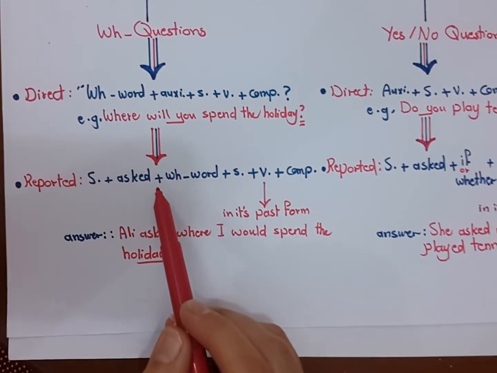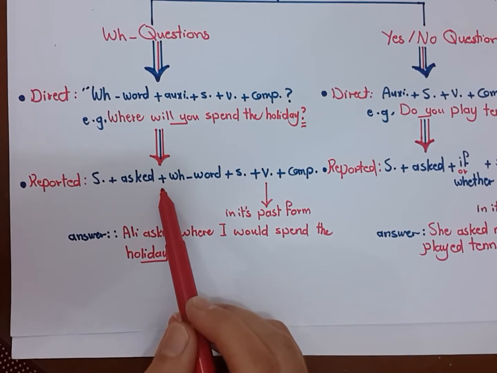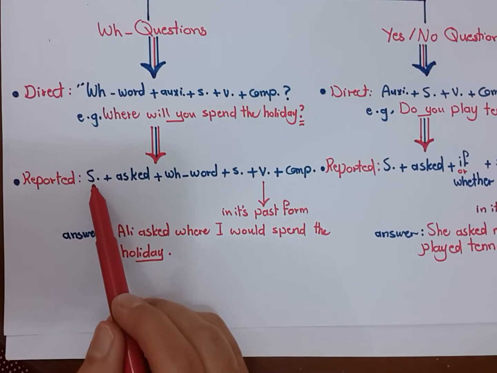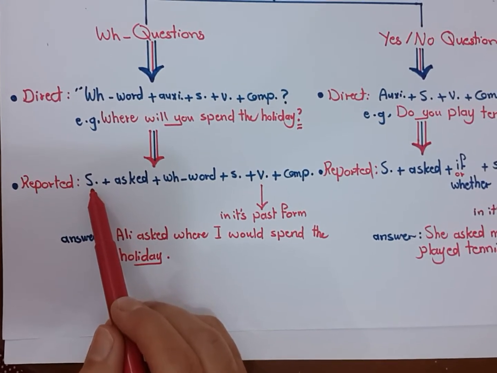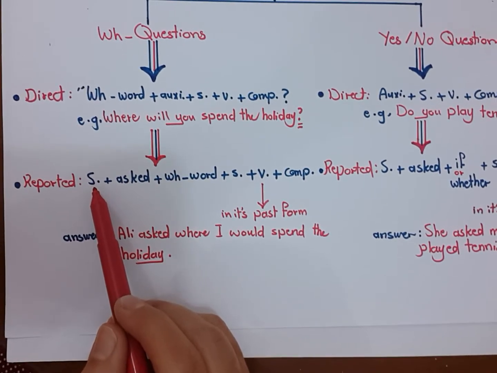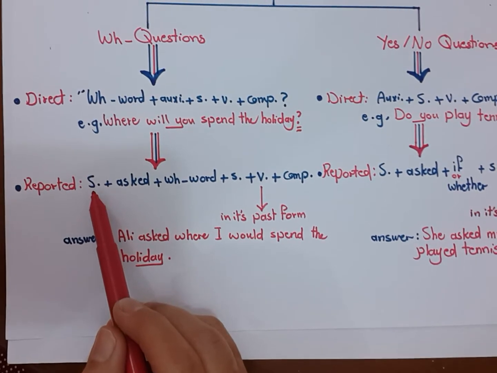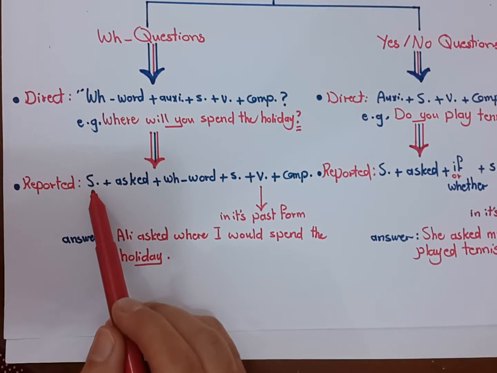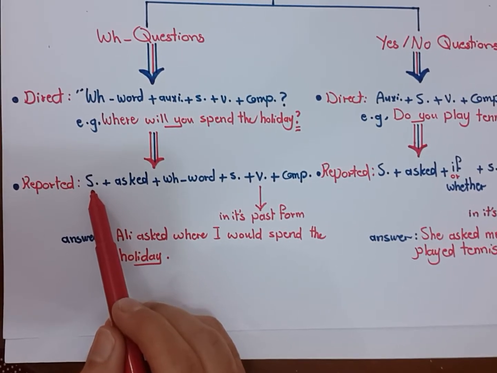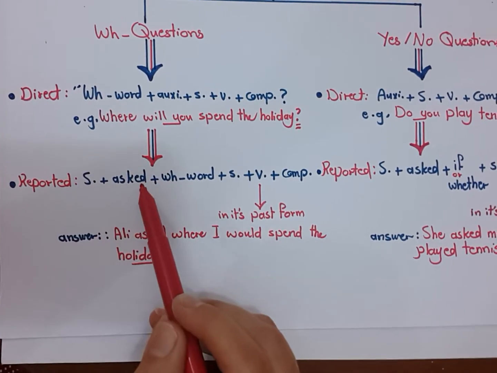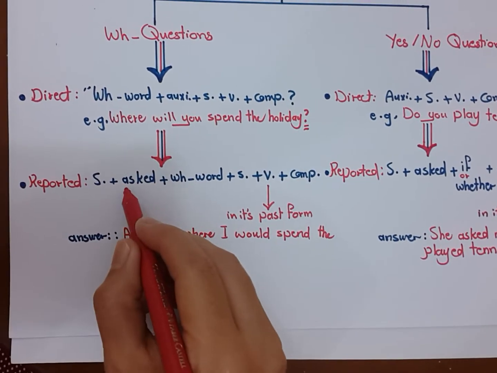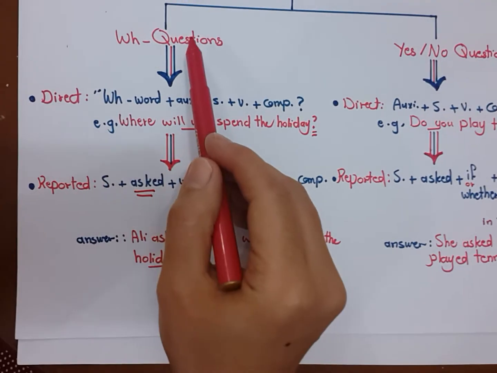So if you want to report it, we use the following rule. You start with the subject. If it's mentioned in the question, you should use the same noun or pronoun. If it is not, you can use whatever noun or pronoun you like. Then the verb asked, because you have a question reported.